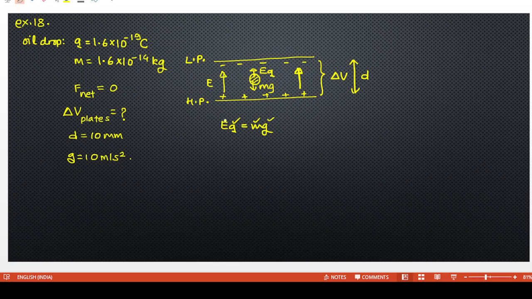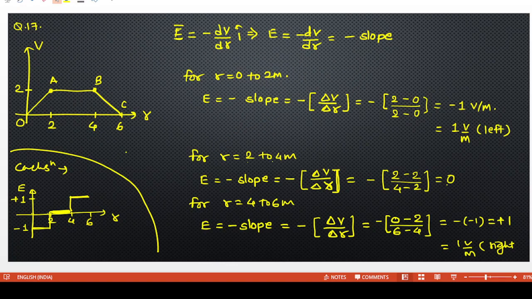And by assuming the electric field to be uniform, you can directly write the formula for magnitude of electric field is equal to potential difference upon distance.